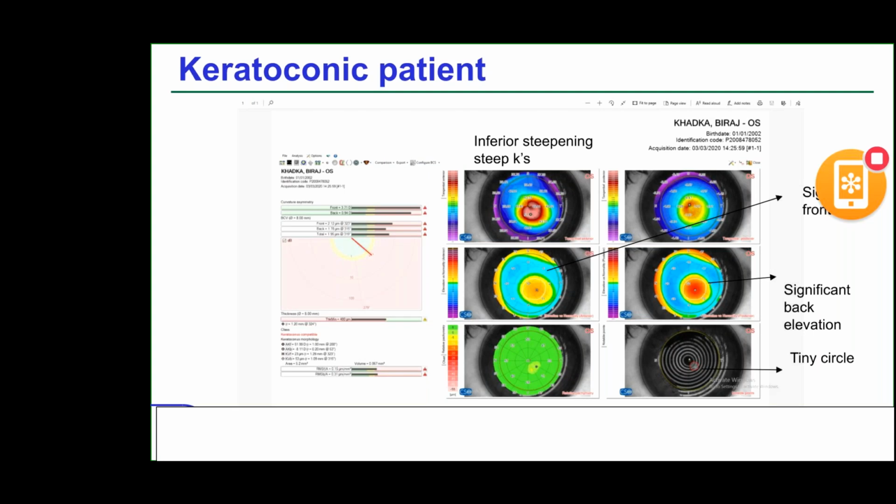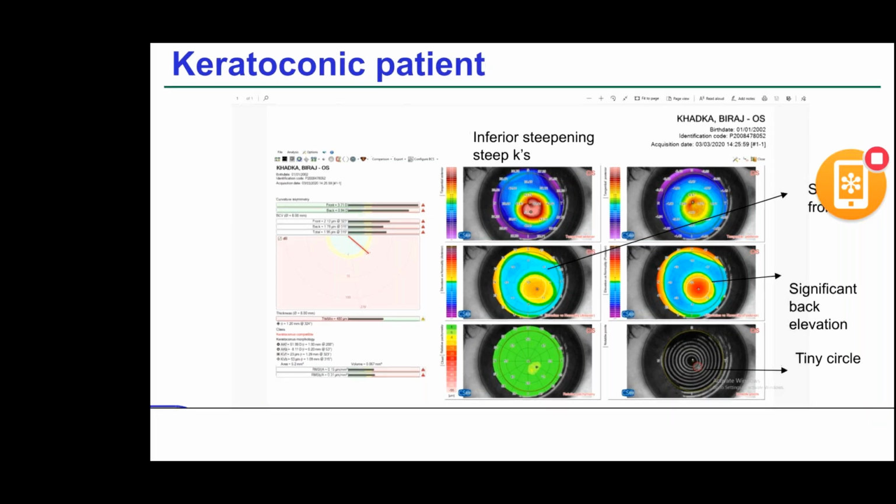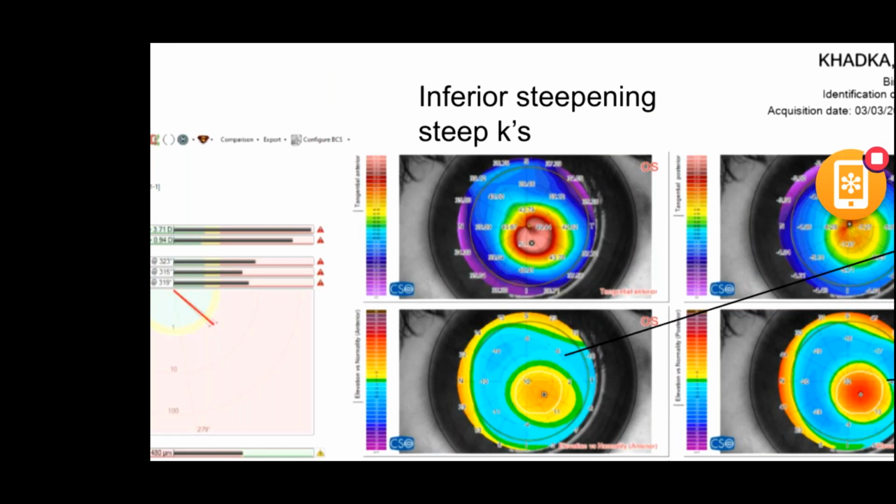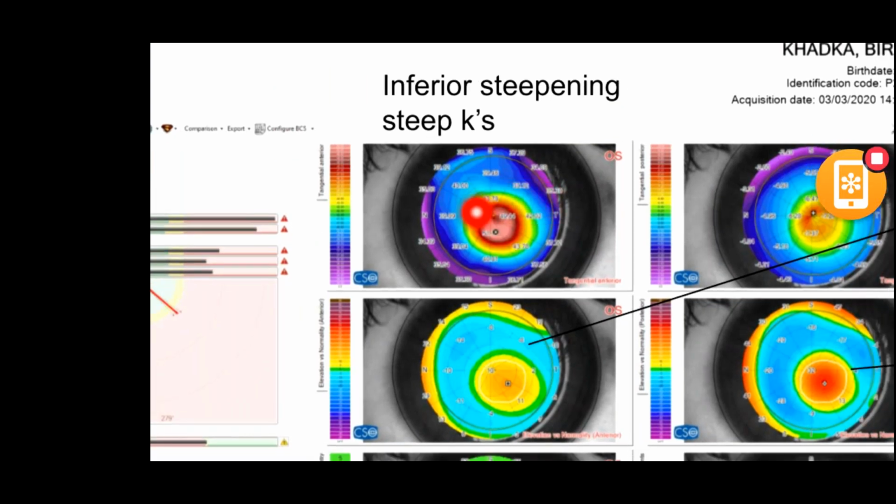Now this is again a scan of a person who is keratoconic. So grossly, let me show you. I'm looking at the corneal shape now. First thing, I look at the shape of the cornea. This is an irregular shape. I mean, this is a lot of inferior steepening.